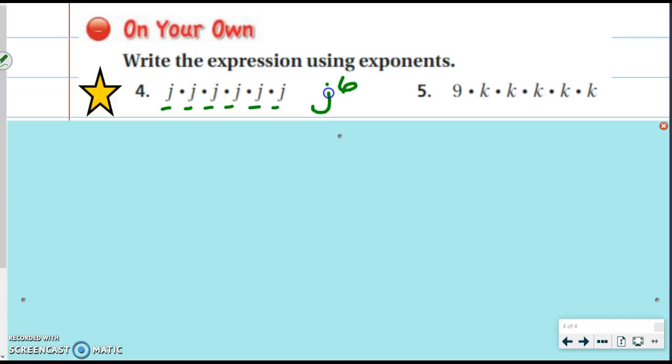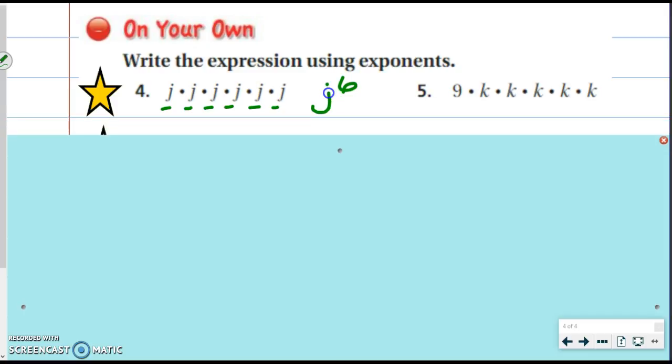So J to the 6th power. Now over here, I'm going to start with 9 because I know I can't simplify that. And I'm going to multiply it by k to the 5th power. I could also write this as 9k to the 5th power because a letter next to a number means to multiply.